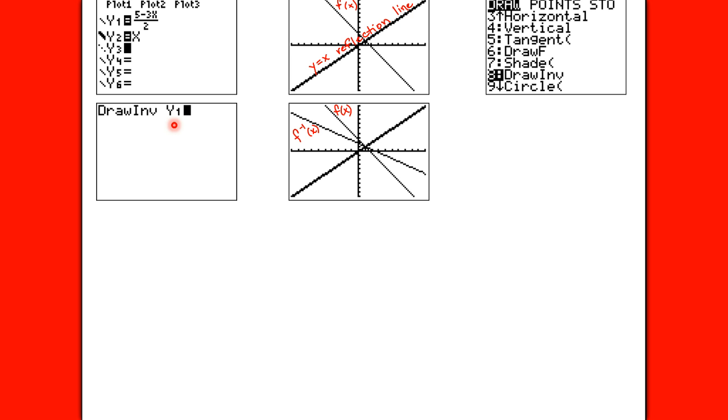When I do that, my calculator will literally draw in this inverse right here. I don't even have to tell it what the equation of that function is. That's a really cool thing, because basically all it has to do is take the ordered pairs and flip them, and make a new XY chart from that. So you'll notice your calculator can in that way generate a graph identical to the one that we just created a second ago. Okay?